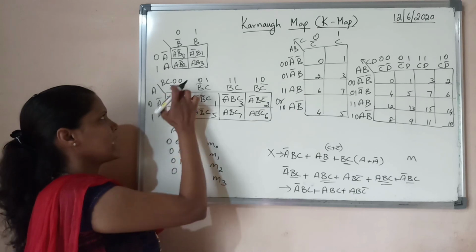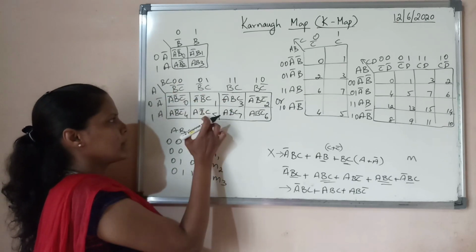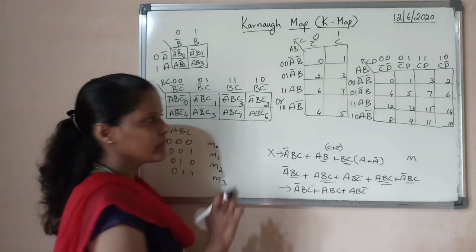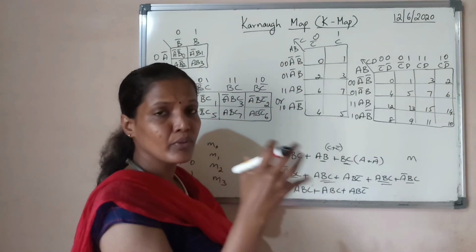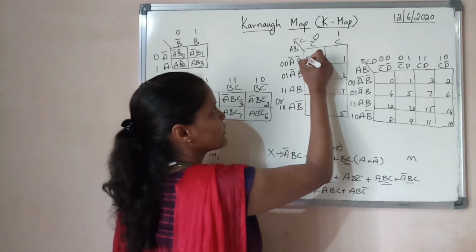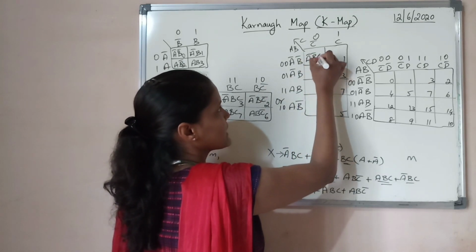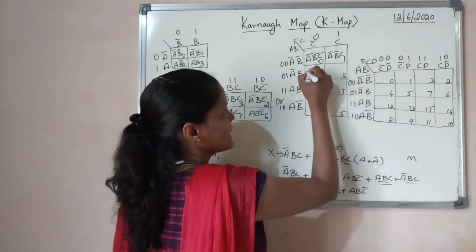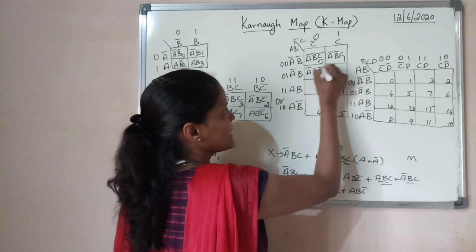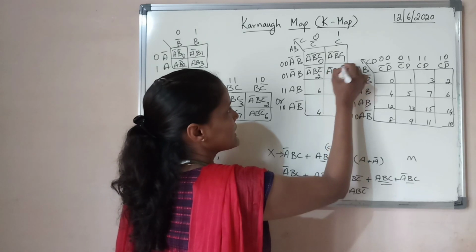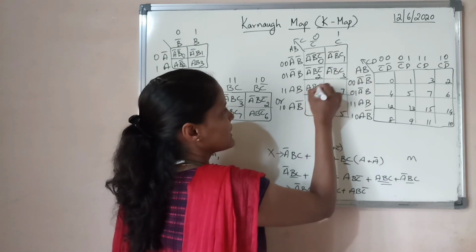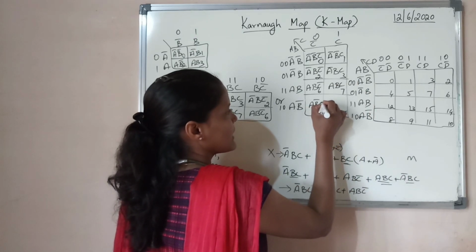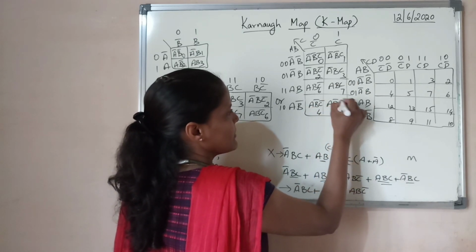I'm just overlapping these variables and filling that inside the cell. And for this, A bar, B bar, C bar, A bar, B bar, C, A bar, B, C bar, A bar, B, C, A, B, C bar, A, B, C, A, B bar, C bar, and for this, A, B bar, C.